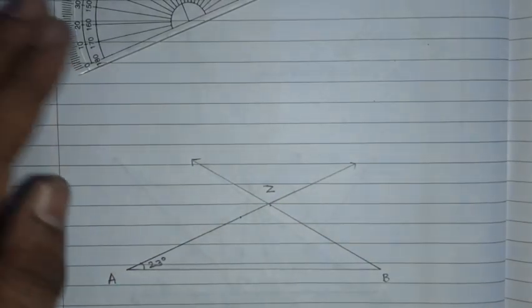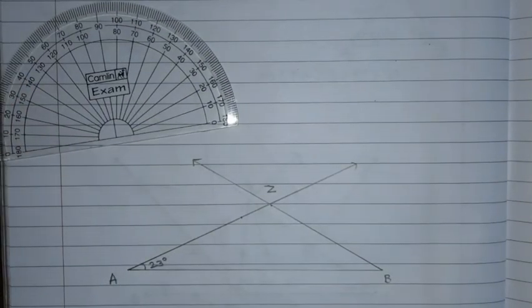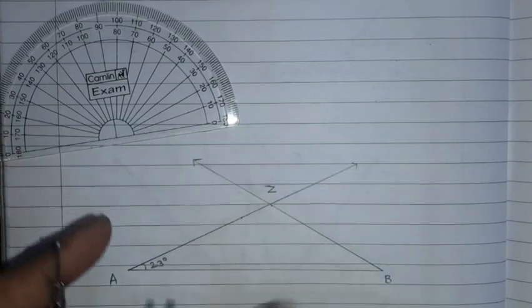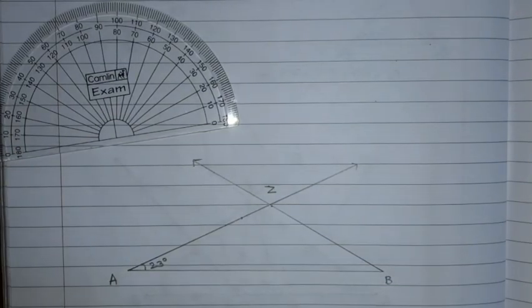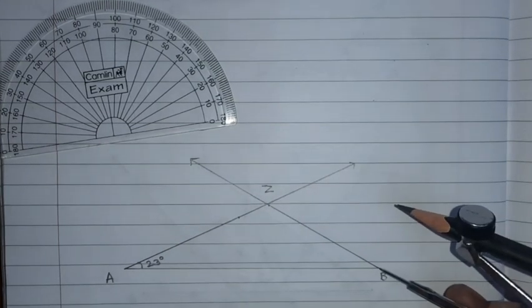Now what we have to take? We have to draw the perpendicular bisector of AZ and ZB. We have to draw the perpendicular bisector of BZ first.